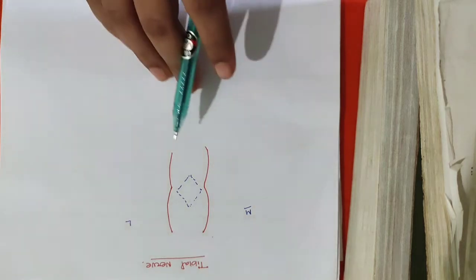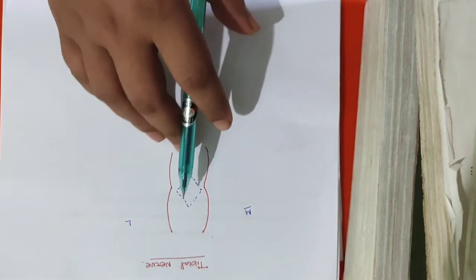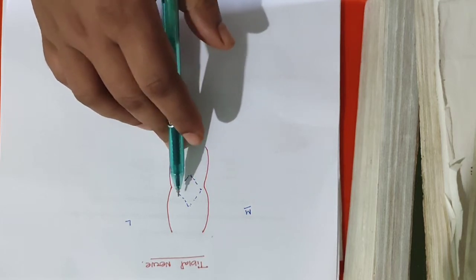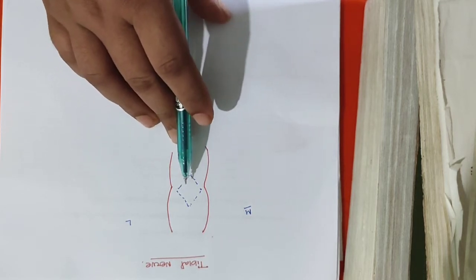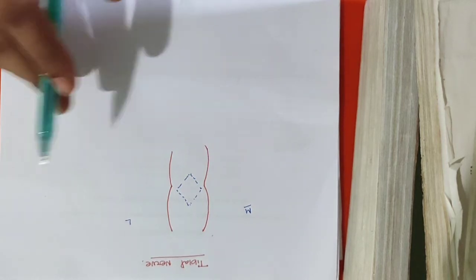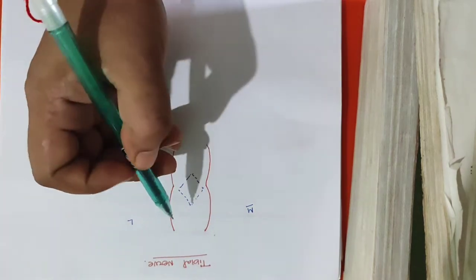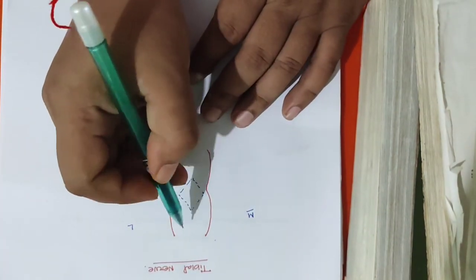The first one is the popliteal fossa. This is the posterior compartment of the leg, and this is the diamond shaped structure. This is showing the popliteal fossa. Here is the superior angle of the popliteal fossa.